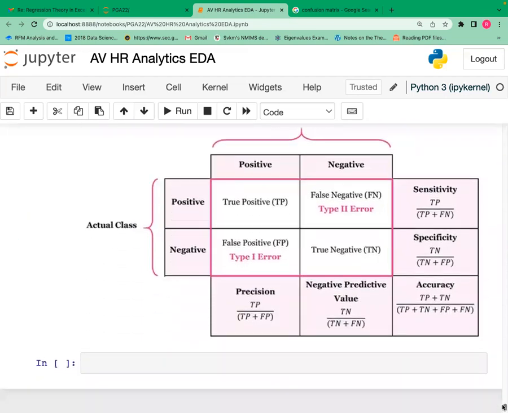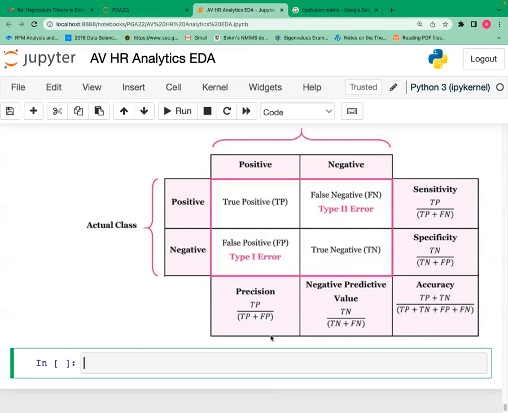So this is the confusion matrix, the four quadrants of the confusion matrix and various formulas which are needed. The primary metric is accuracy.